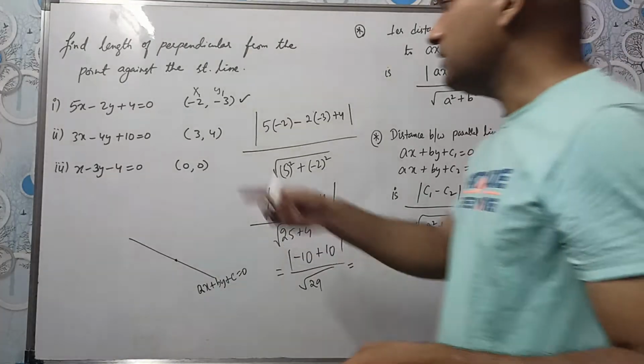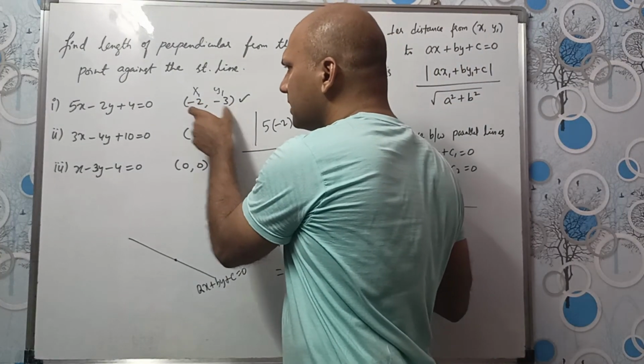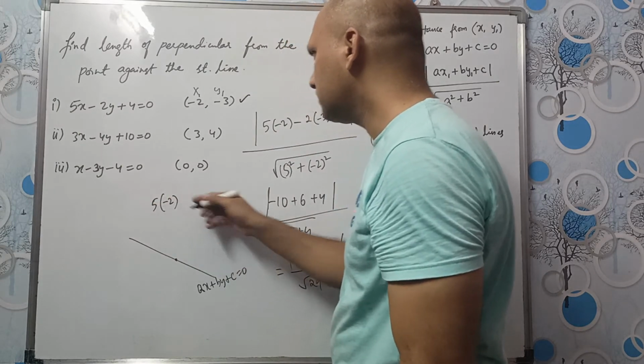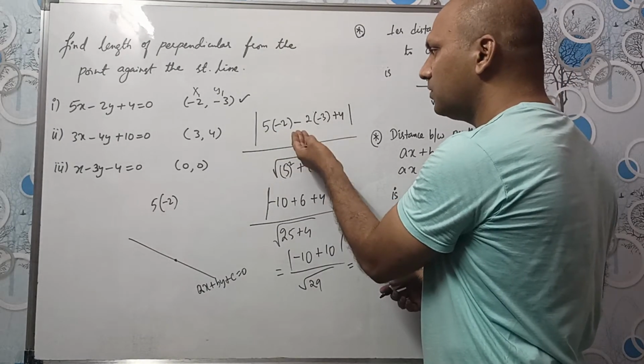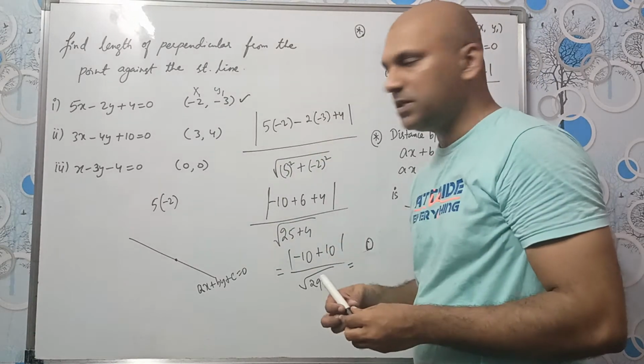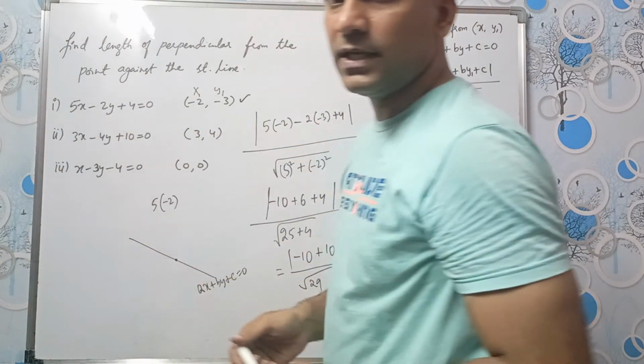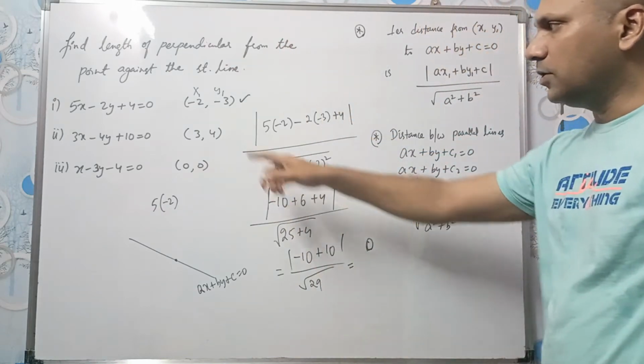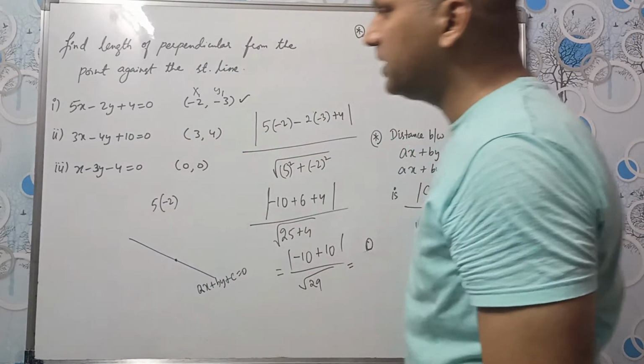Let us check by substituting minus 2 and minus 3 in this. 5 into minus 2, which we just did. So this point is lying on the straight line and the distance between that point and the straight line is 0. You please go ahead and do the second and third.